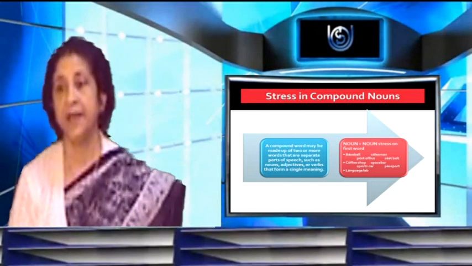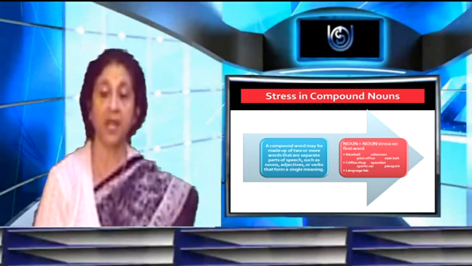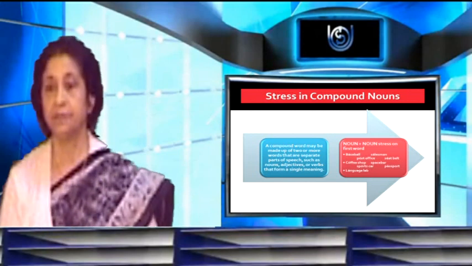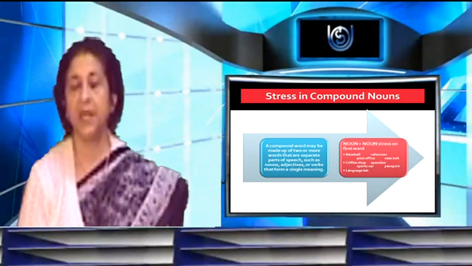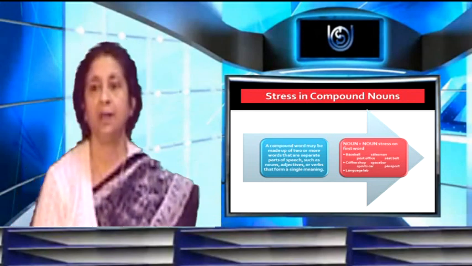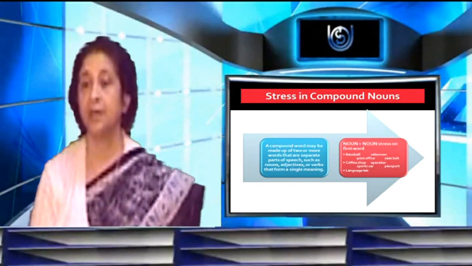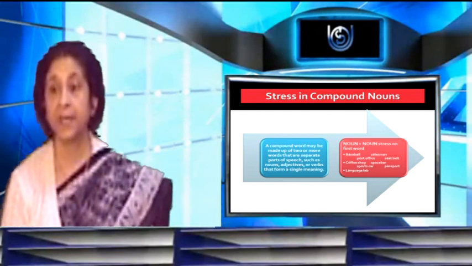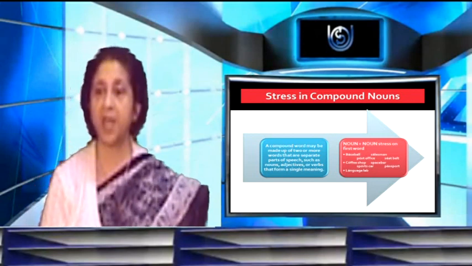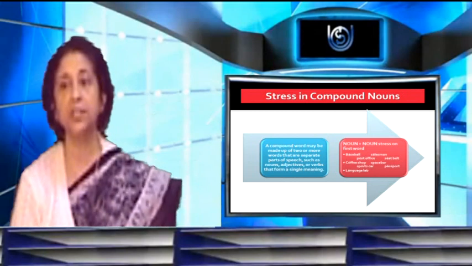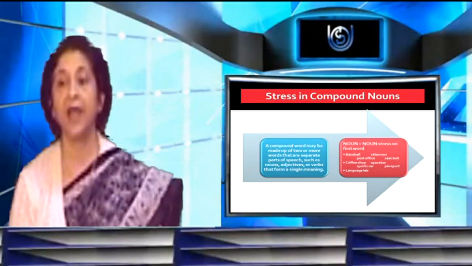Let's see some examples. Noun plus noun: stress on the first word. When a compound word is made up of two noun words, then stress is on the first word. Baseball, salesman, post office, seat belt, coffee shop, space bar, sports car, passport, language lab.